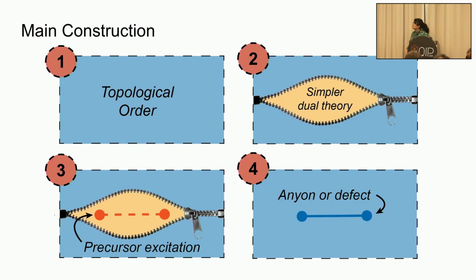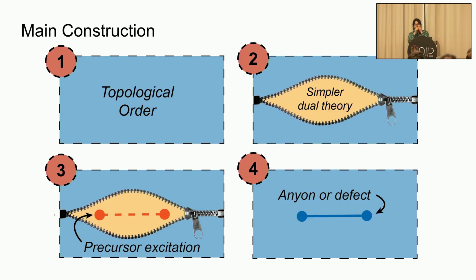So to give you an overview of the main construction, we're going to start with some topological order. I'm glad that I'm going after the previous talk because Angela gave a really nice introduction to dualities. And this is the idea that we're going to leverage: there is some simpler dual theory for our topological order.